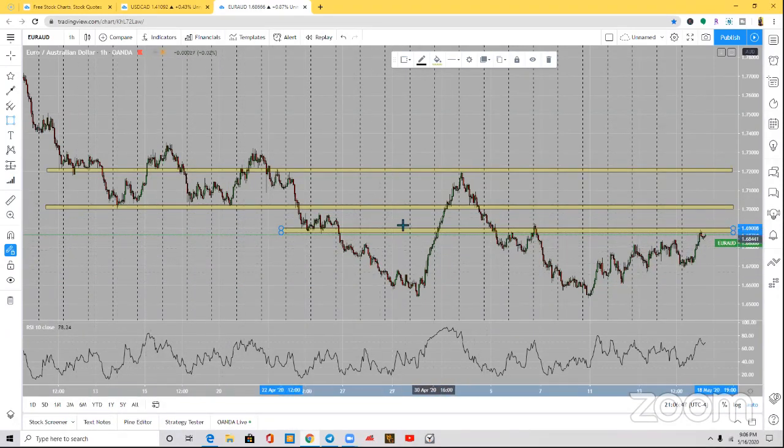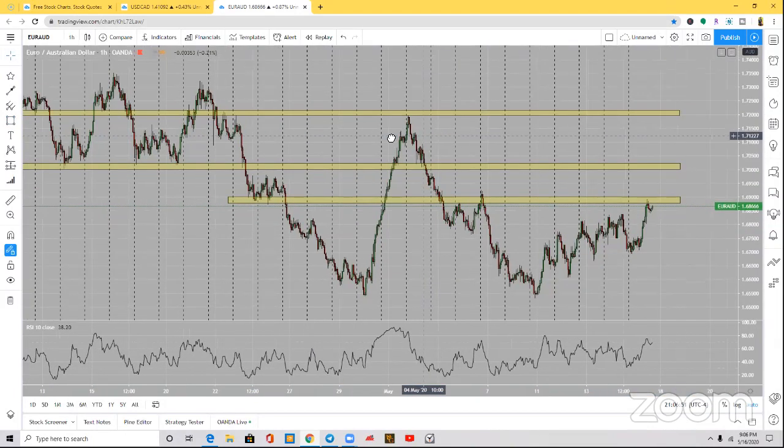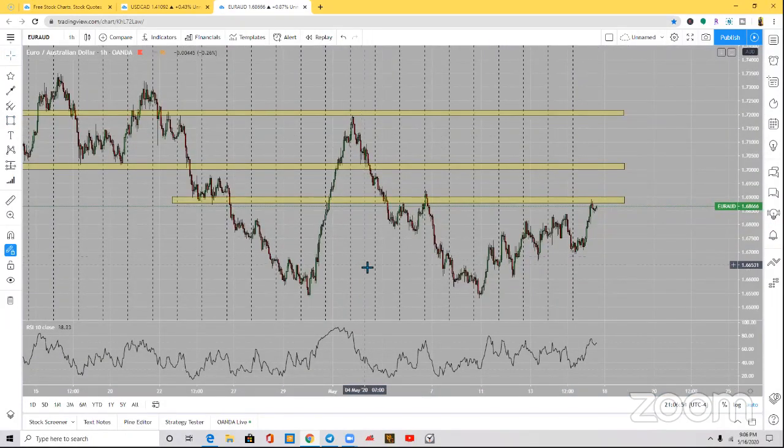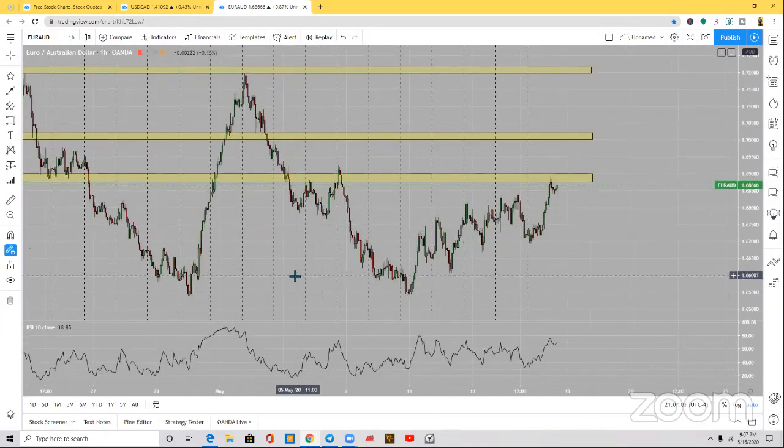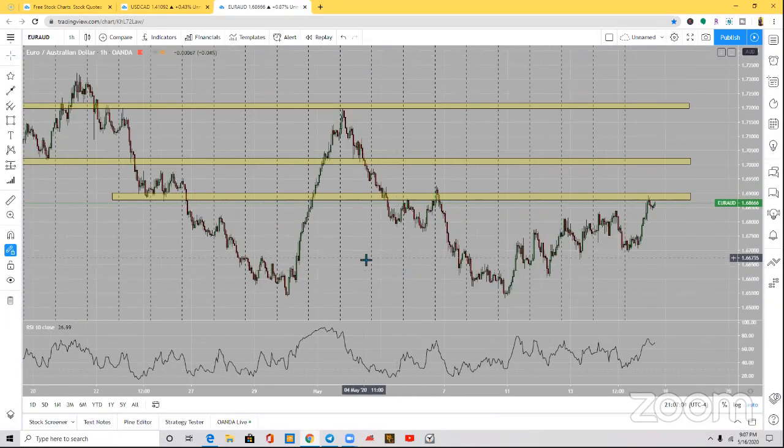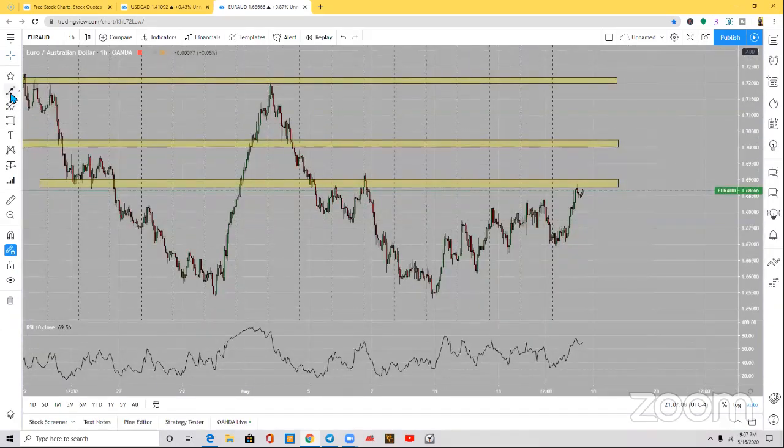And for this pair Euro AUD, I'm also looking for buys for this upcoming week. I'm looking for buys.